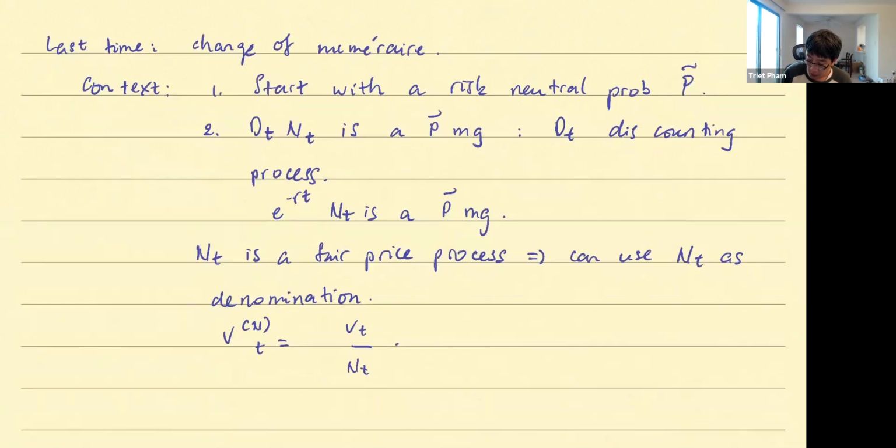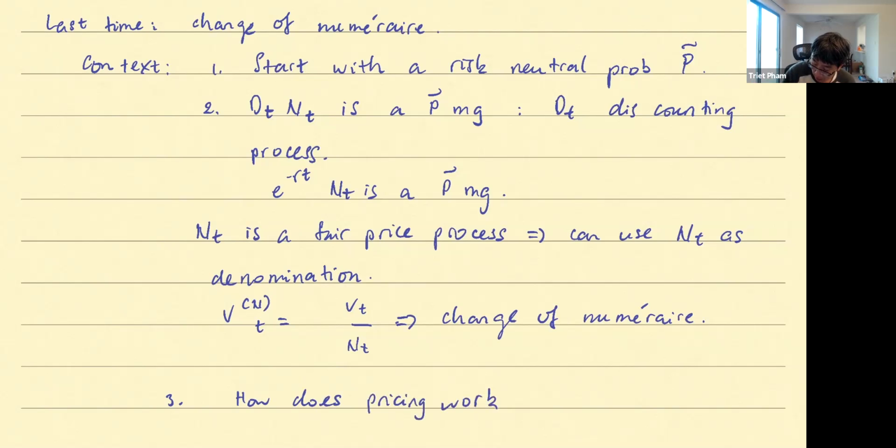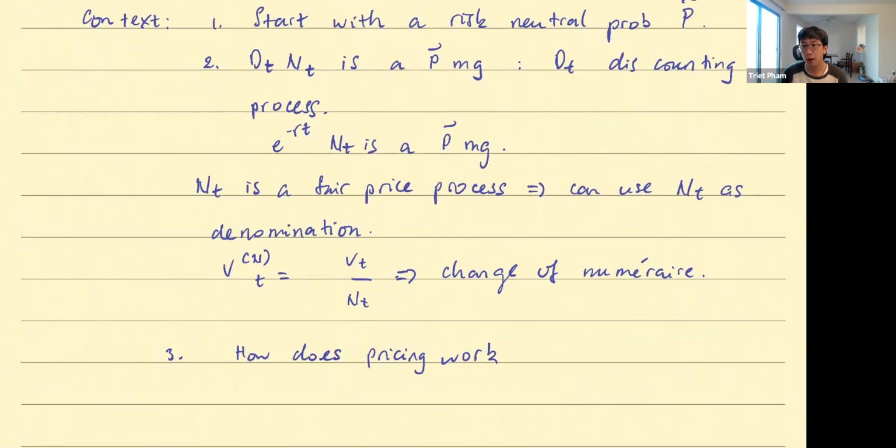But then you want to ask questions. So what questions should you ask about this whole process, which of course is called change of numeraire? The first, and I guess most important question for us is, how does pricing work? Pricing works at two levels.